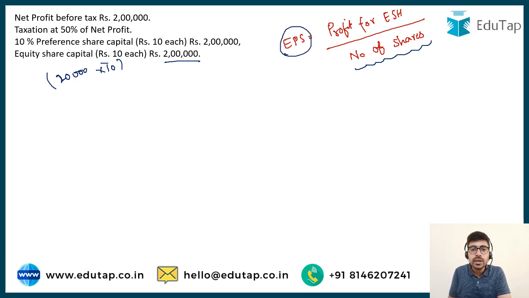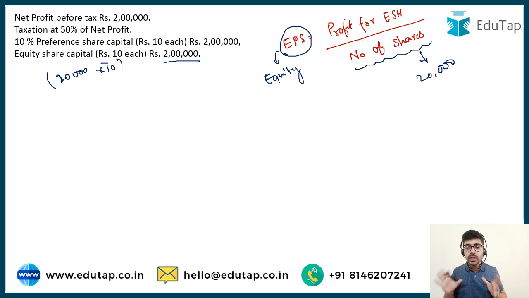Earning per share is only computed in respect of equity shareholders, so we are only going to consider equity shares in this case. The number of shares is already found, 20,000. Now we have to work out the profit available for the equity shareholders. The residual profit, whatever remains with the company after paying all other dues, belongs to equity holders.